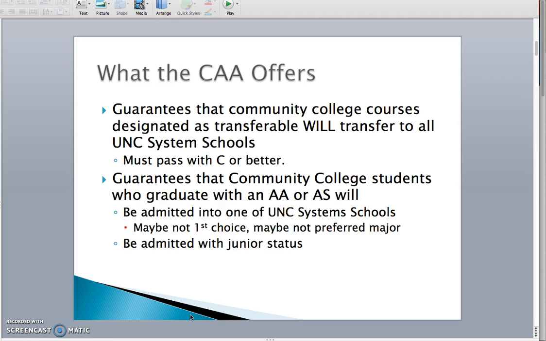One thing to note is that you must pass with a C or better. It also offers some extra protections if you graduate with an AA or an AS. And in that case, you will be admitted with junior status and you will be admitted into at least one of the UNC system schools. Now, please note that it may not be your first choice of school and it may not be your first choice of major at a school, but you will be able to enroll at one of the UNC system schools.